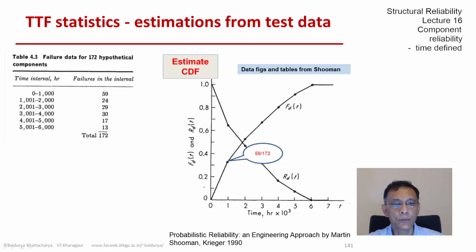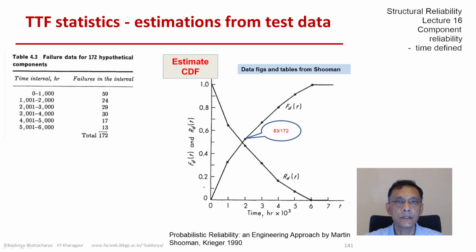So the first point at the end of the first interval gives us 59 over 172, and let us continue. So the next one, 24 additional failures occurred. So 59 plus 24 is 83, divided by 172 is the next data point on the CDF curve.